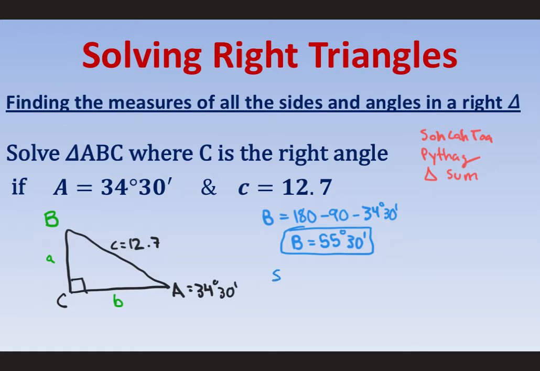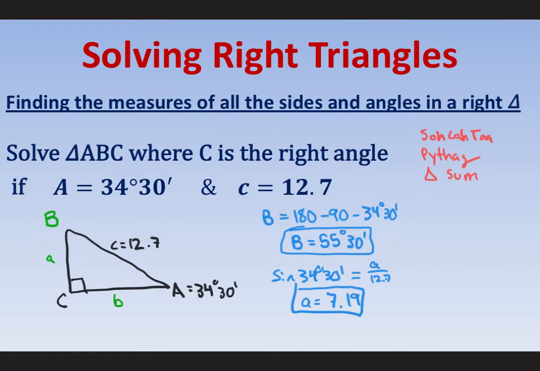I'll say the sine of 34 degrees and 30 minutes is equal to my opposite side a over 12.7. All right, I'll multiply that 12.7 over, and a is going to equal 7.19. I'll go two decimal places, 7.19.